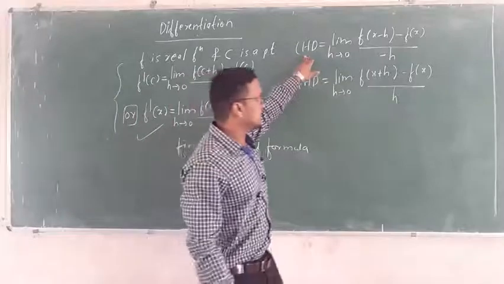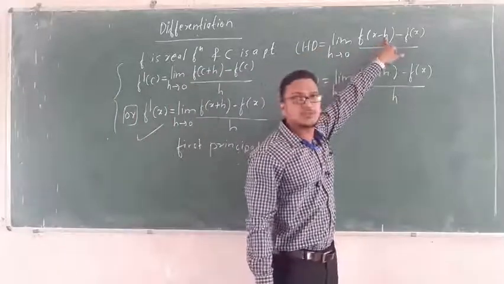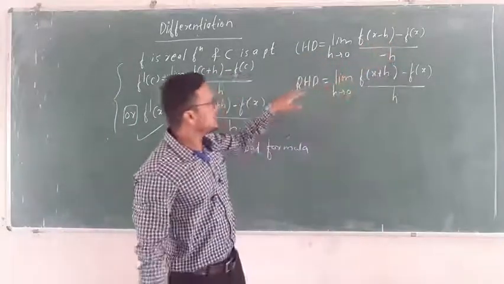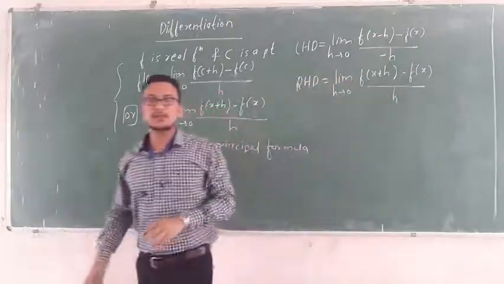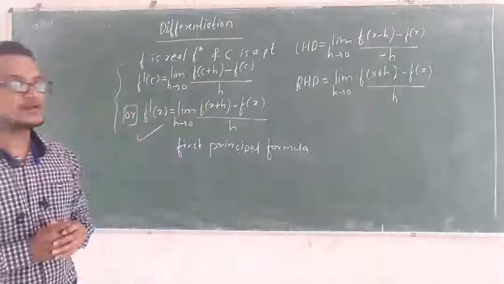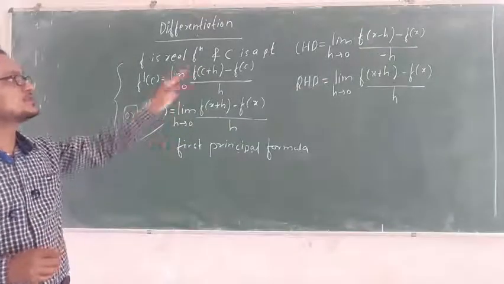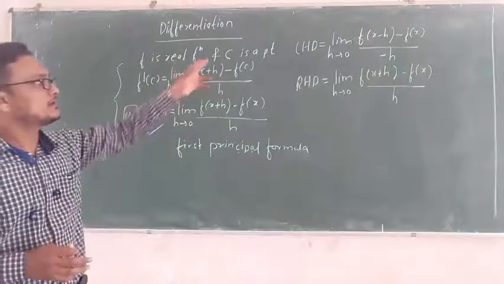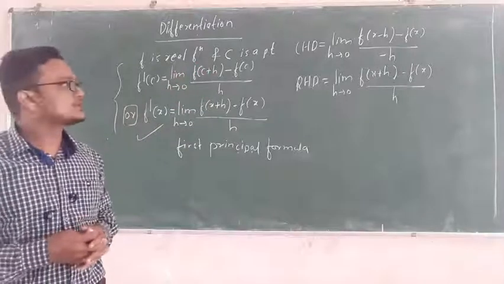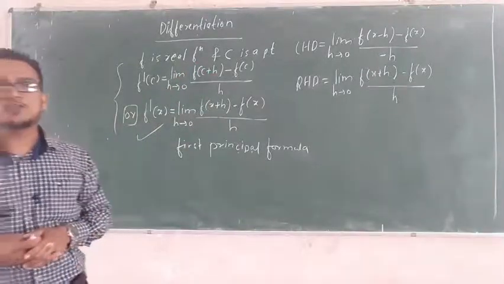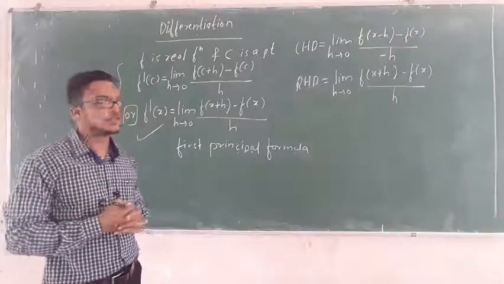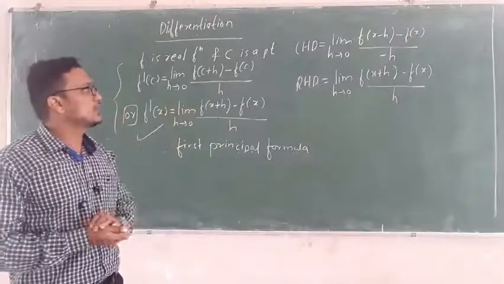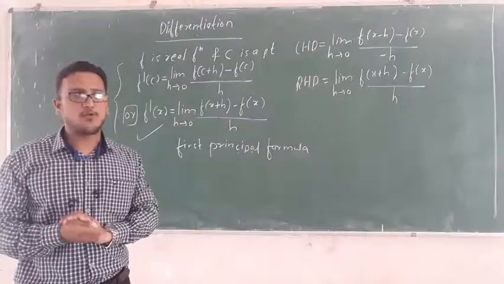In left hand derivative, h is negative, whereas in RHD h is positive. So you can remember that difference between LHD and RHD. This LHD and RHD is useful suppose any function is defined in the form of a modulus function. At that time we can use this LHD and RHD formula.